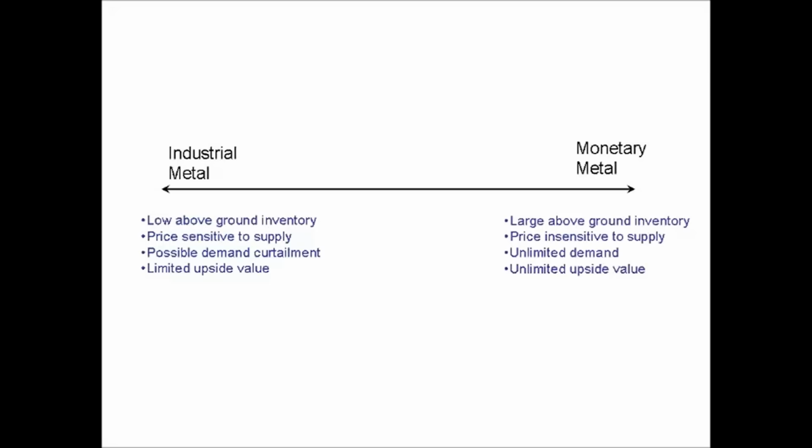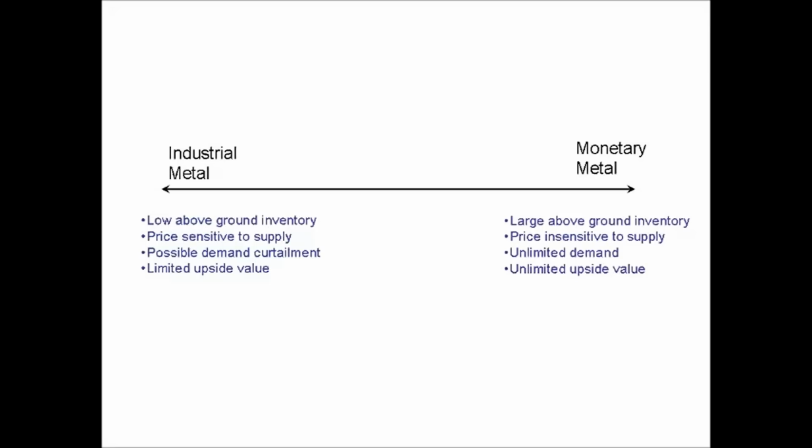Rather, the value is more a function of how tightly held the existing above-ground supply is. Demand can be virtually unlimited for a monetary metal. And the funny thing is that the higher the price of the monetary metal is, the better it can do its job as a store of value, and the more desired it becomes in that role. Thus, the value of a monetary metal has no upside limit imposed by industrial considerations.